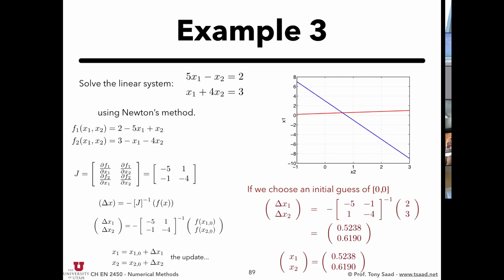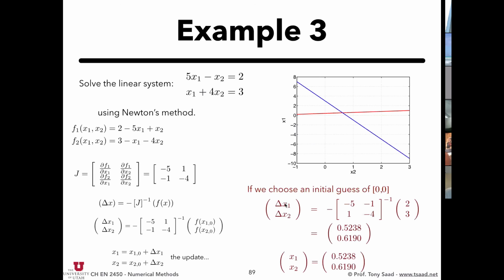However, if you compare this with an initial guess of 0, 0, to what you would have obtained from just solving the system of equations using a standard Ax equals b method, the solution that Newton's method gives you is nothing more than A inverse b. And that's shown on the right-hand side here in orange.